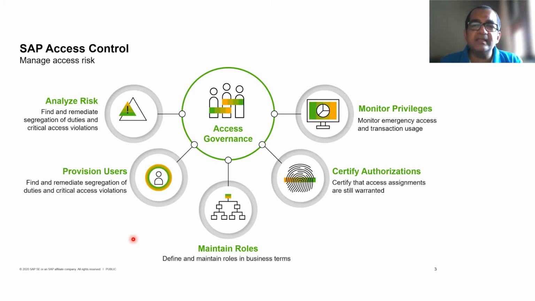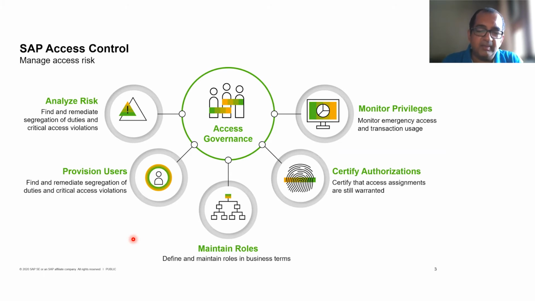The fourth area is in terms of the certification of the authorizations. So many a time we come across situations that the call of the business is such that you have to grant authorizations which might be conflicting the segregation of duties philosophy, right? So now there can be temporary authorizations also which you need to grant, right?